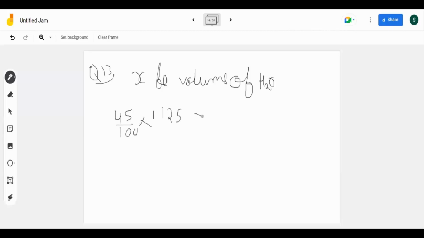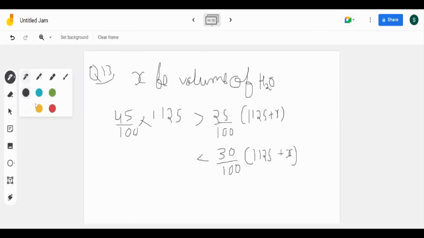This is greater than 25% of the new volume, since water will dilute it. Our new volume will be 1125 plus x. This is our inequality number 1. Secondly, the same acid is less than 30% of the new volume, which is 1125 plus x liters. This is kind of similar to question number 12.